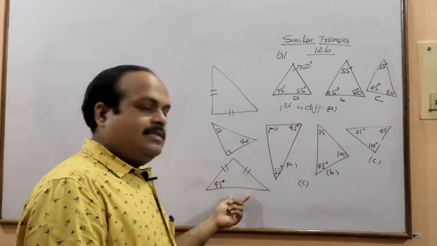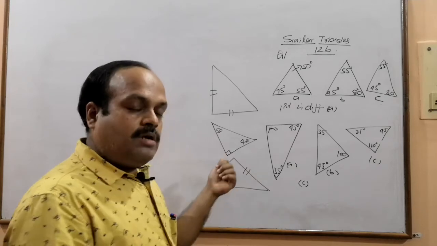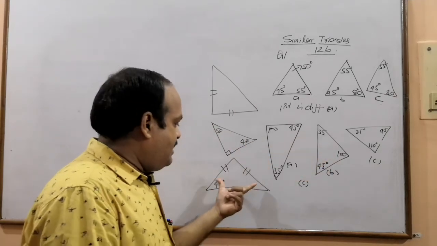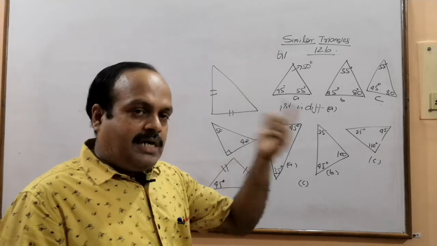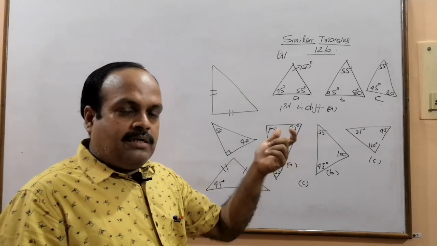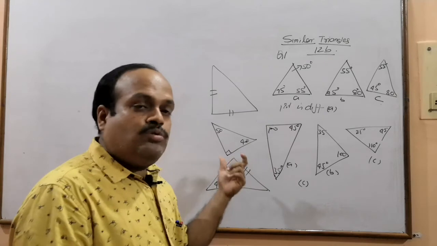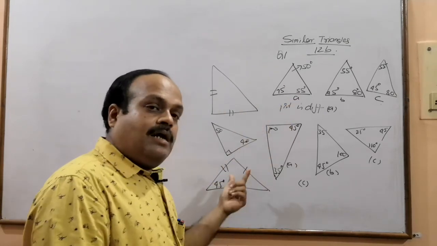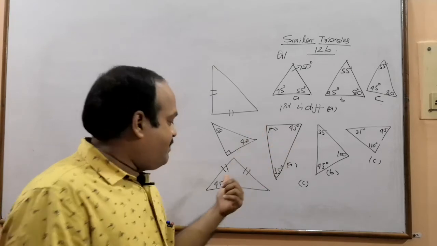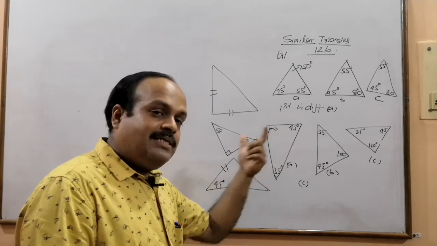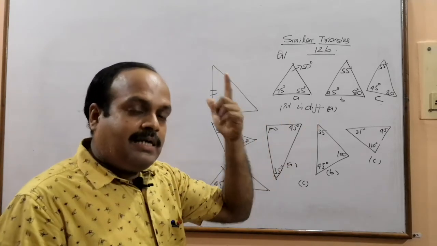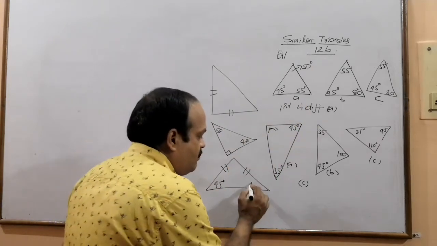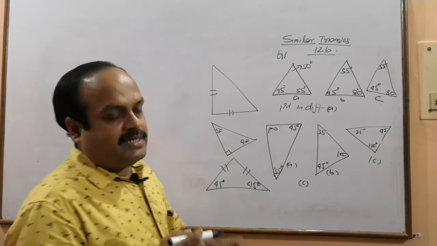In an isosceles triangle, the two sides are equal and the third side is called the base. On the base, the angles formed are called the base angles. In every isosceles triangle, the base angles are equal, therefore this angle will also be 45 degrees.